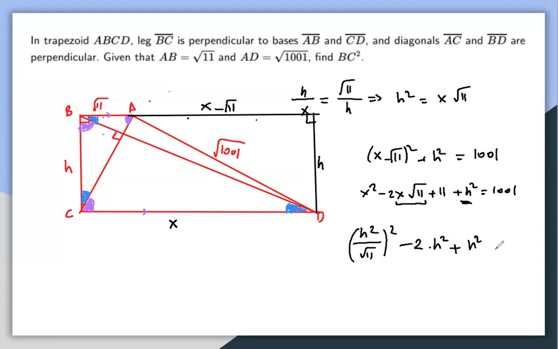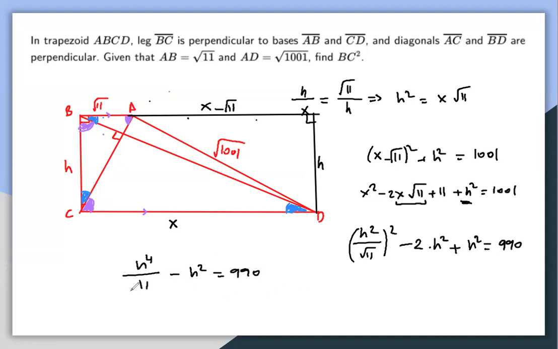And I can subtract 11 from both sides, so you got 990. So let's simplify this a bit. When you square this, you get h to the 4th power over 11, minus 2h squared, minus, this will be minus h squared, equals 990.